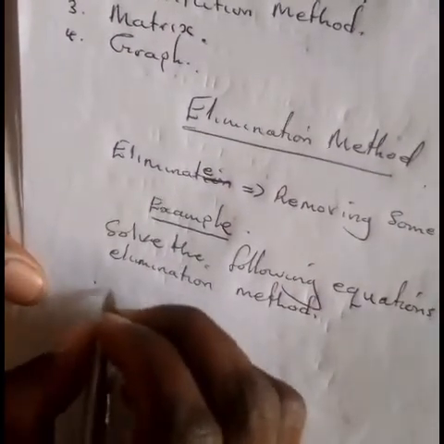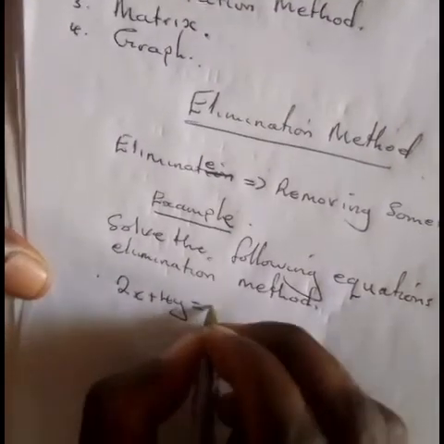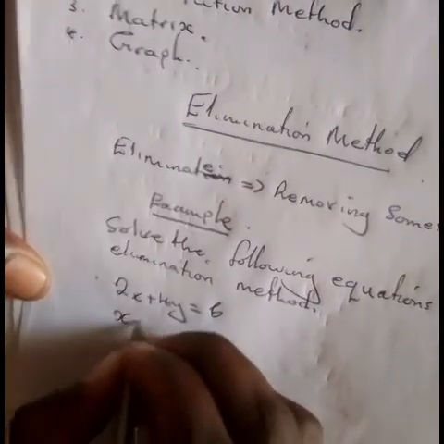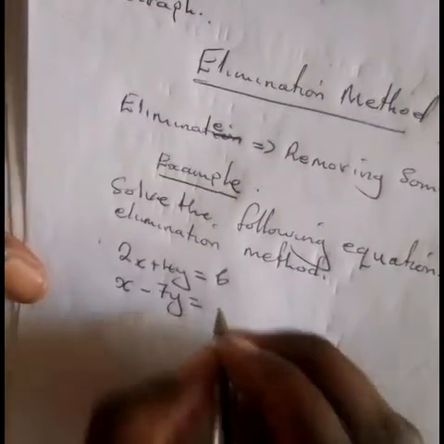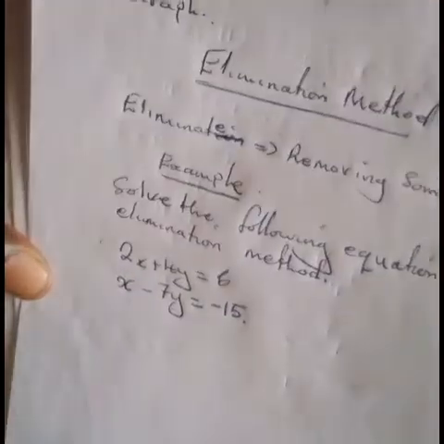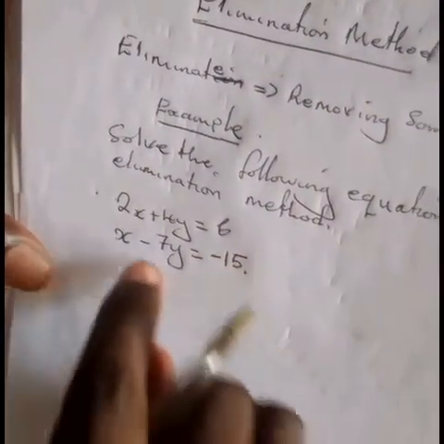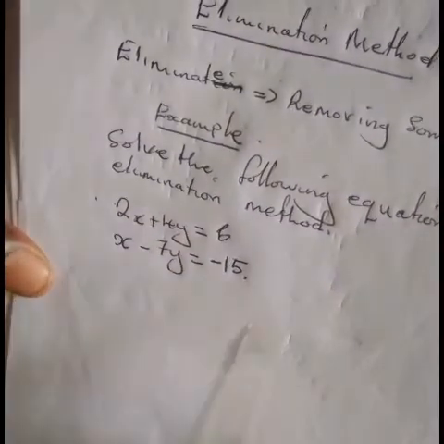We have 2x plus 4y is equal to 6, and x minus 7y is equal to negative 15. So this is the equation. How do we solve it using the elimination method?